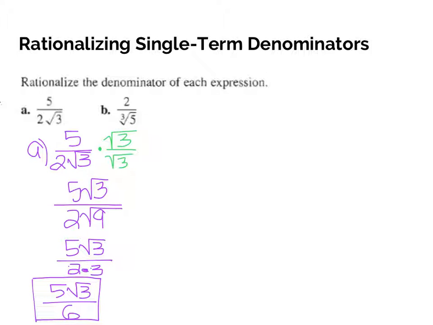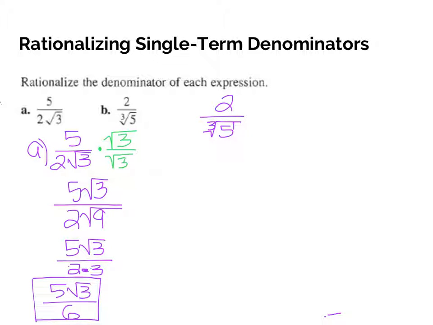Let's take a look then at B. So we have 2 over the cubed root of 5. Here we have a cube root. So in order for that to cancel, we need our total exponents underneath the radical to be 3.